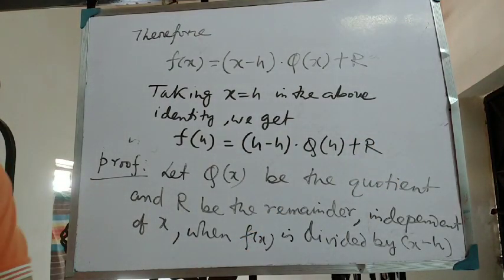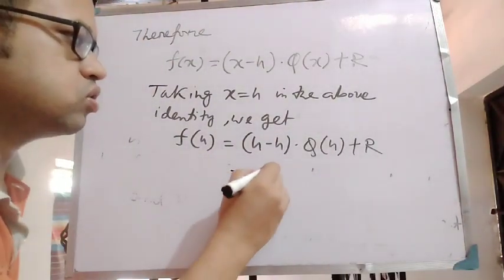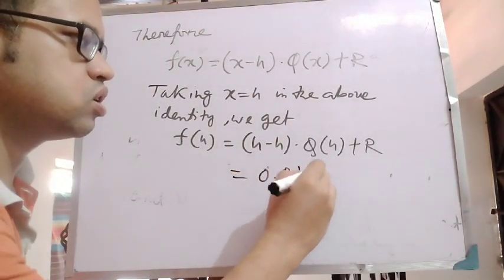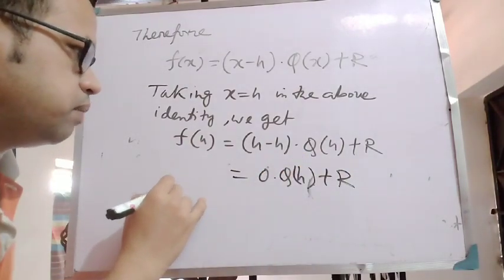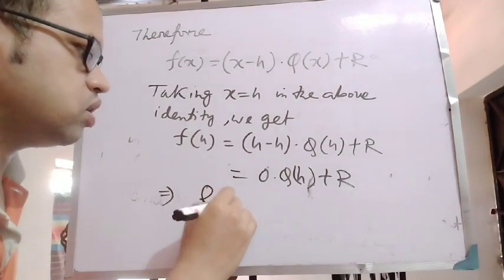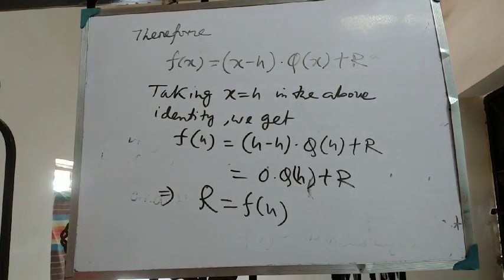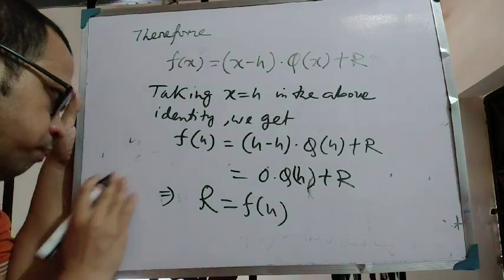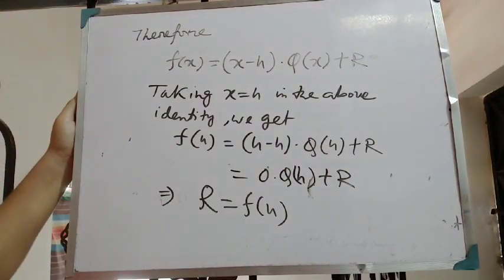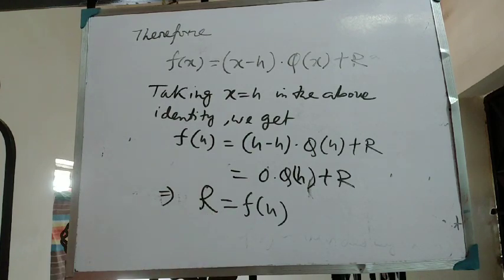Clearly you can see that this term becomes 0, so 0 into q(h) plus r, so that implies r equals f(h). R equals f(h). So that completes the proof of this theorem. Then you have proved that the remainder is f(h).